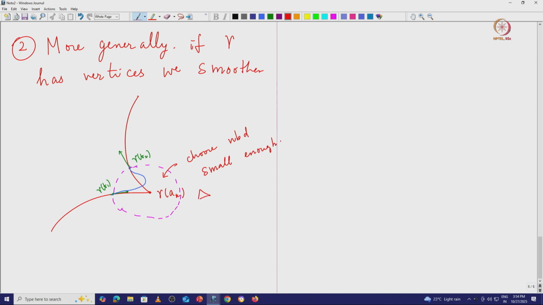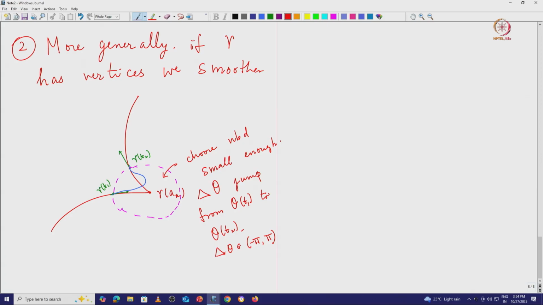So that the delta theta jump from this theta of T1 to theta of T2 is small enough so that the angle is between minus pi and pi.